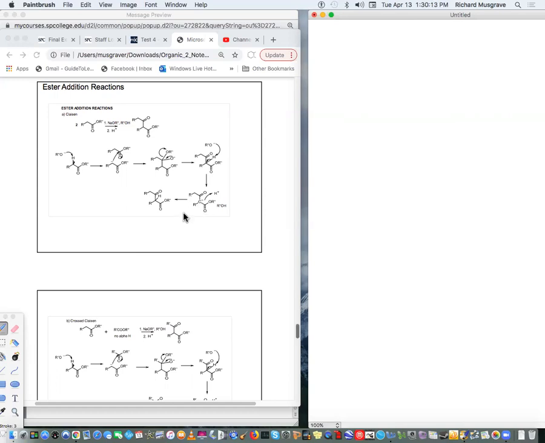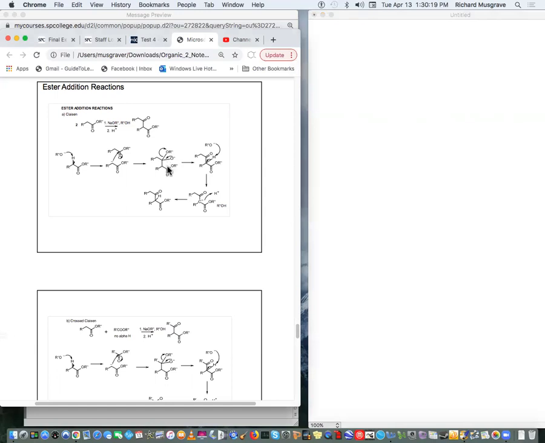As such, something can happen here that can't happen in the aldehyde and ketone reactions. I want you to focus on this step where the O negative comes in and kicks out the leaving group. That cannot happen when it's an aldehyde or a ketone. So we end up getting something a little bit different here.